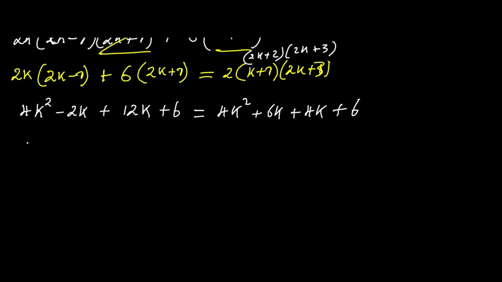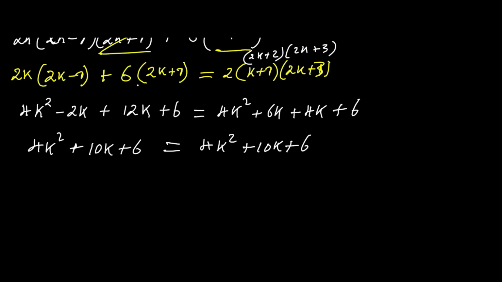Now what do we realize? To further simplify this, we have 4k squared plus 10k plus 6. Interesting. So we realize that the right hand side is equal to the left hand side, meaning that this term is equal to this term equal to this term. We can boldly cancel that out.